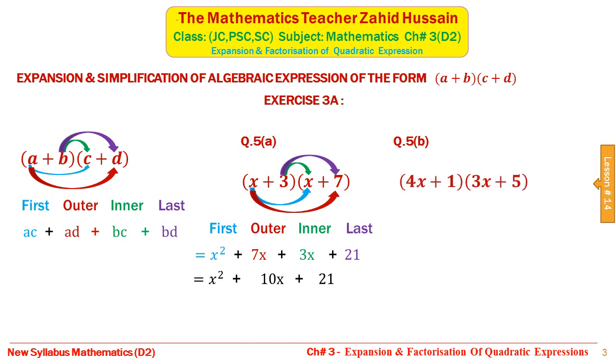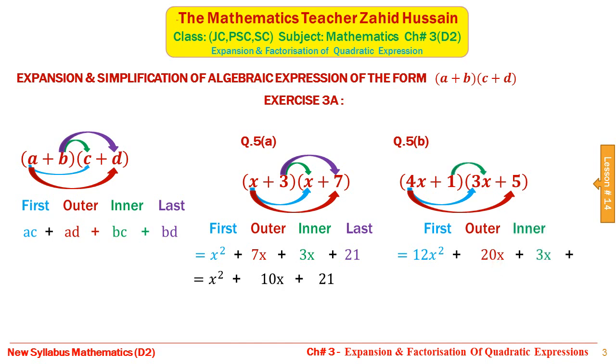B part of question number 5 is again two brackets, and within bracket there are expressions with two terms. So same rule will be used. We will take the first term and we will multiply it with the first term of the second bracket. 4x multiplied by 3x is 12x square, and then we will multiply first term of the first bracket with the second term of the second bracket, and we get 20x.